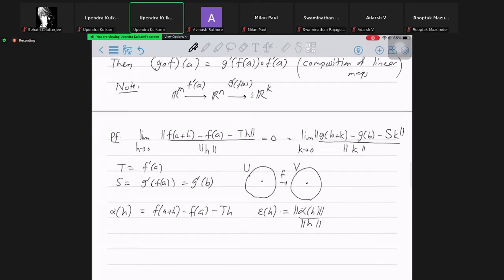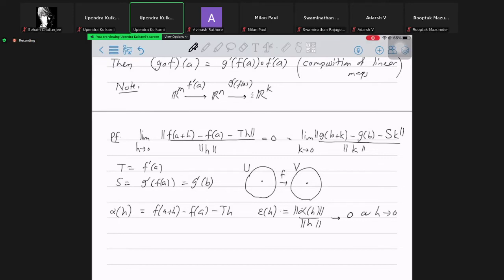What do I know about this quantity? The limit of this quantity as h approaches 0 is 0, right? So this approaches 0 as h approaches 0.